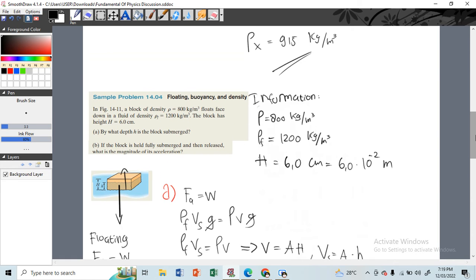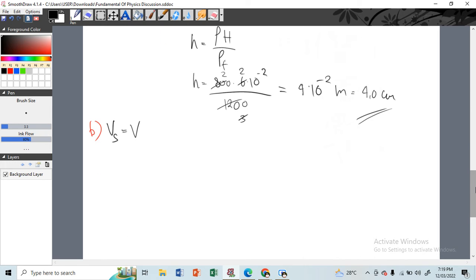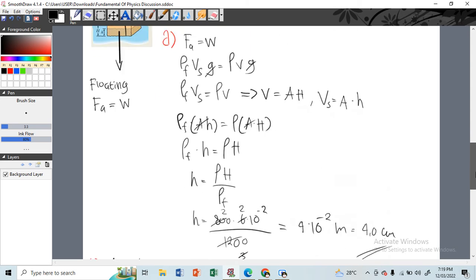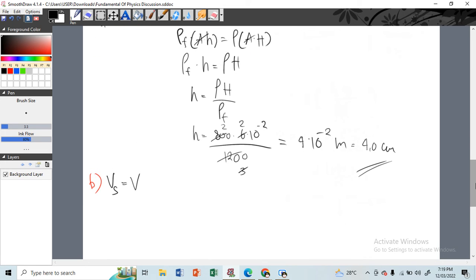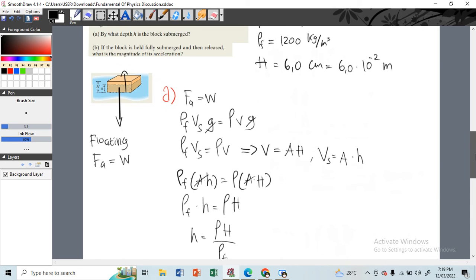Because the region that is submerged in the fluid is the same as the total volume of the block, since the block was fully submerged. So Vs will be equal to V, the total volume of this block. Okay, that is one perception that we need to know.